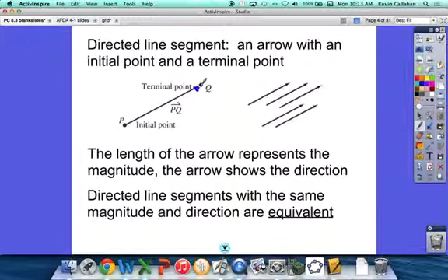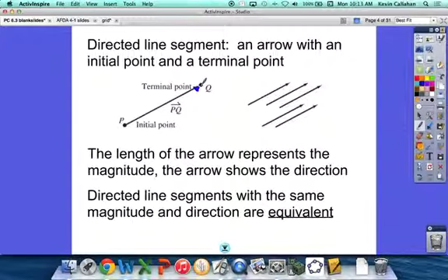When you draw a directed line segment, the magnitude is the length of the segment. The magnitude is usually represented by how long the arrow is. And the direction, you can see the direction. You can see this one going off towards quadrant 1, towards the northeast, whatever your frame of reference is.